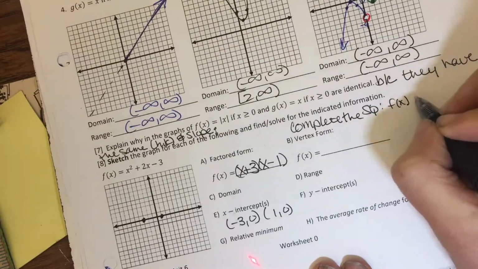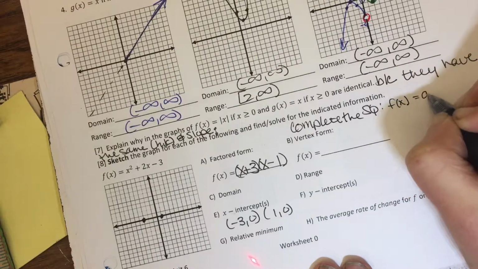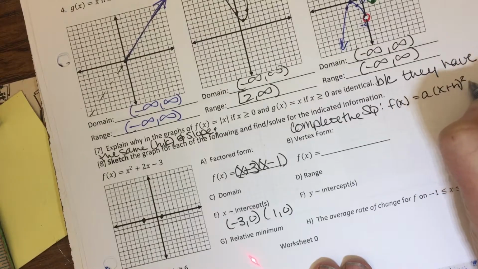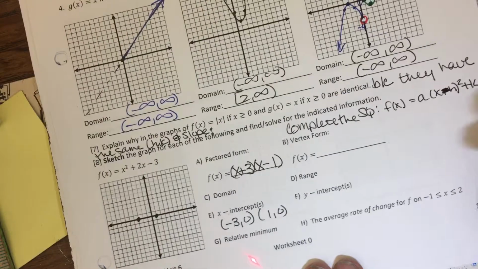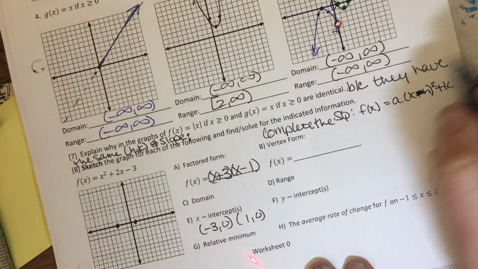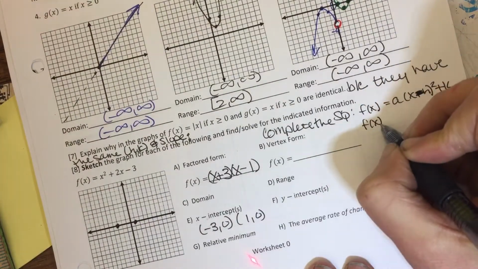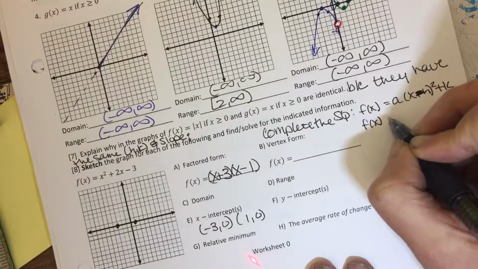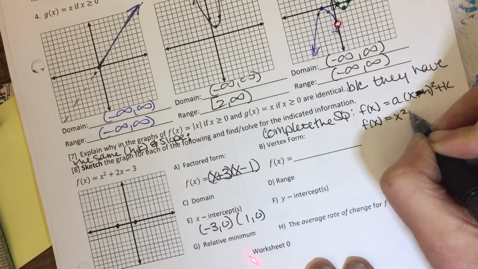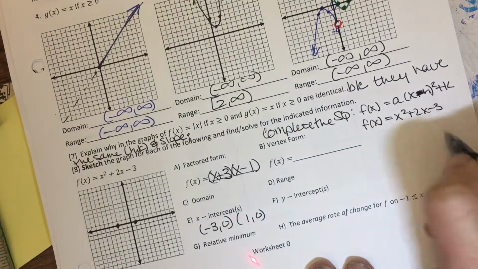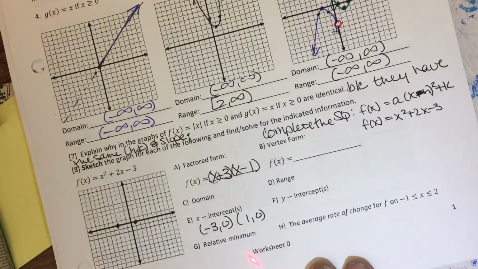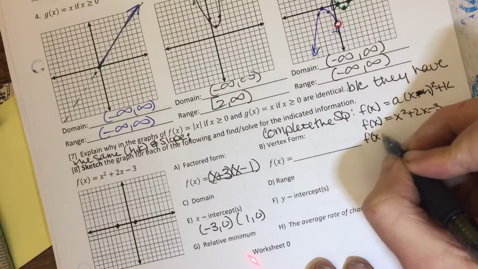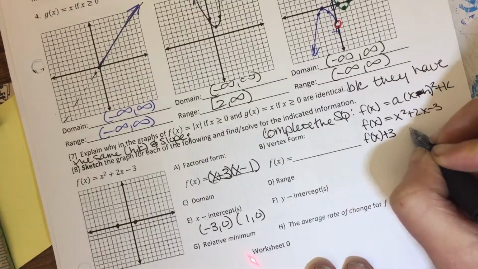So vertex form is where I have a(x plus h) squared plus k, and actually this would be a minus sign. Okay, and so to make it look like that, if I have f of x equals x squared plus 2x minus 3, I want to temporarily get the negative 3 out of the way because it's probably related to the k. So I'm going to add it to both sides.